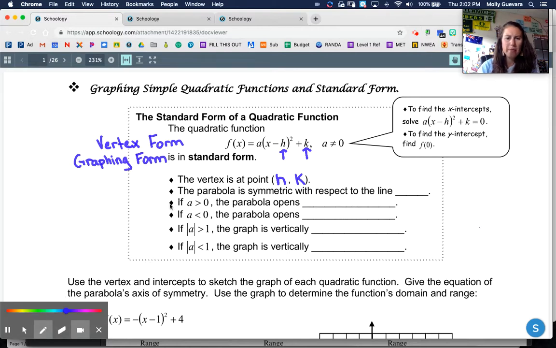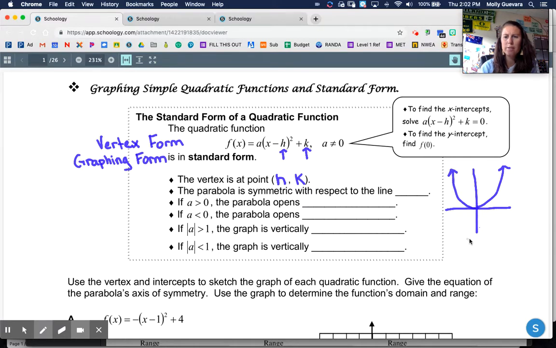Now, with my symmetry, if I have my parent graph of a parabola, which is doing something like this, excuse my terrible drawing, right now the axis of symmetry is right here along the y-axis. But if I move this graph left or right, that axis of symmetry is going to move as well, right? If the parabola is doing this, now my axis of symmetry is down here.